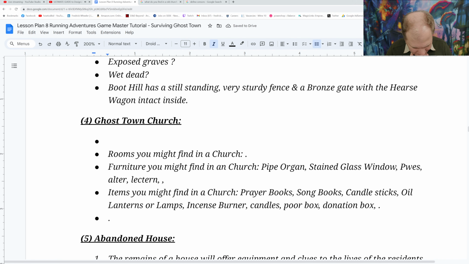What else? Collection plates. Bell tower. Yes, bell tower. I agree. Crypt. I don't think you're going to have crypts and catacombs underneath a church. Not the size we're dealing with. It's a town.